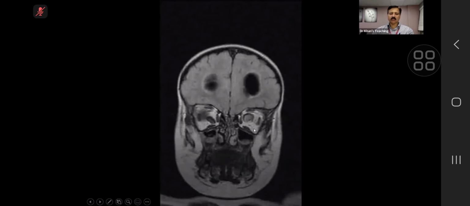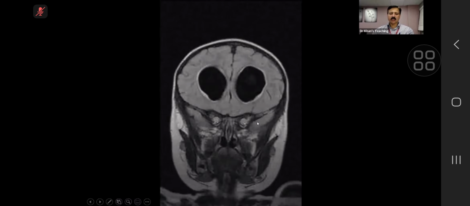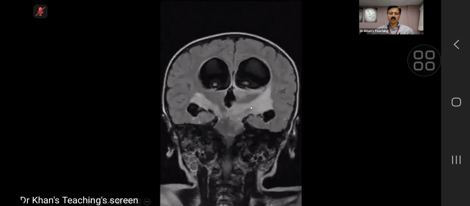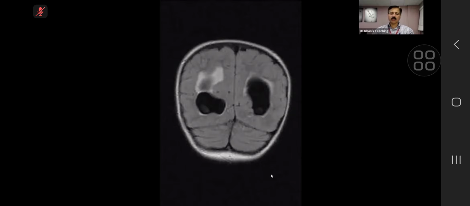This is a FLAIR sequence, and then the optic chiasma, and you can see how it goes posteriorly. If you don't see it, you will be absolutely lost.